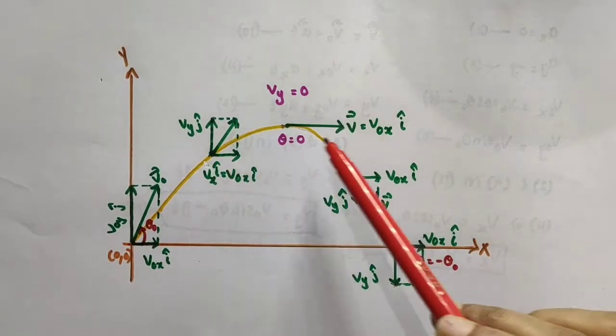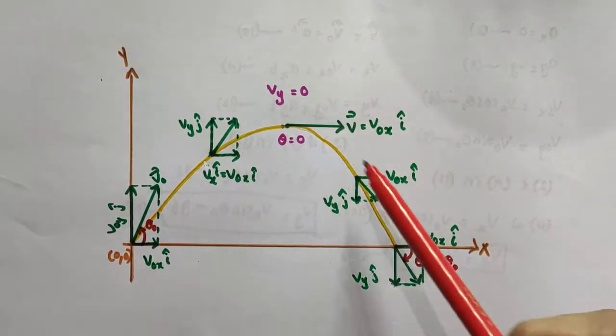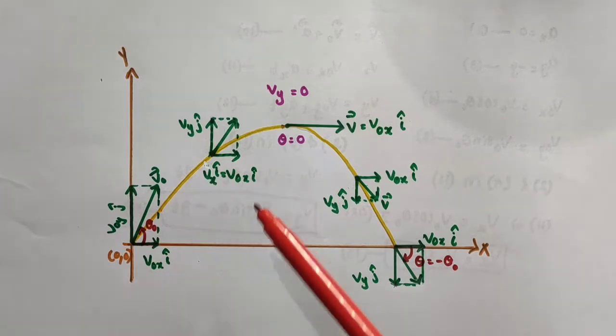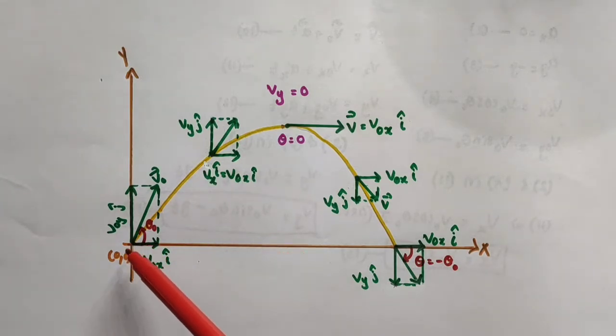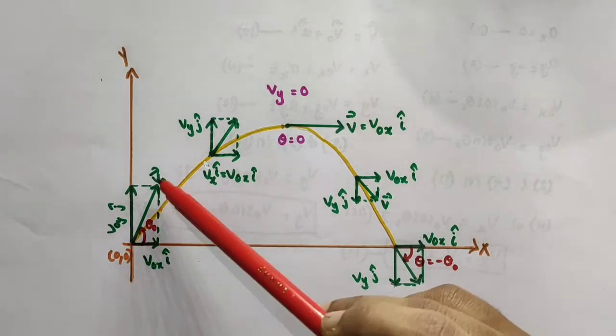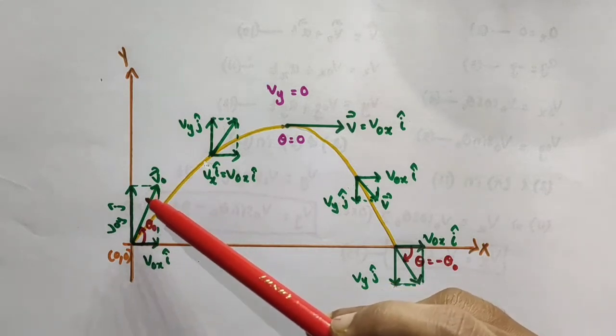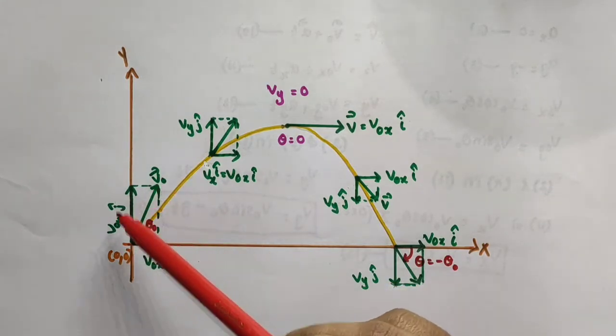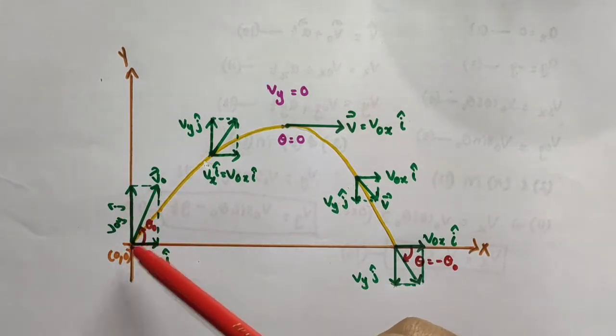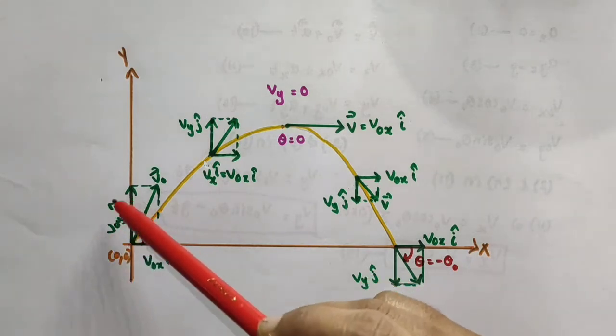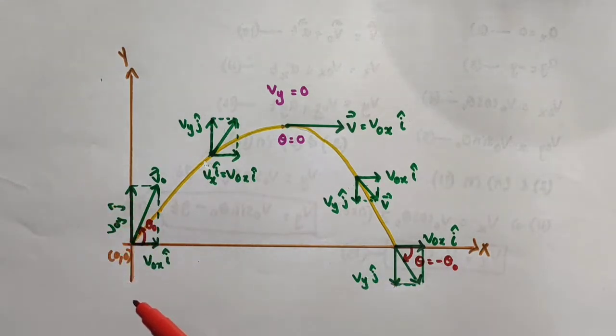Now you see this figure which gives us the projectile motion. At this instant of time, this is the direction of the initial velocity, with its x component and y component. The x component of the initial velocity and the y component of the initial velocity are shown here.